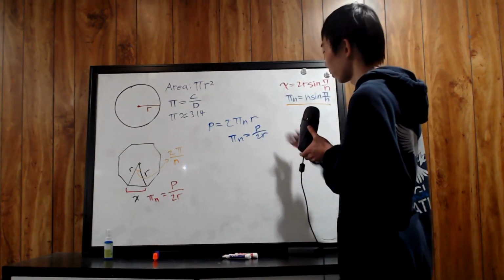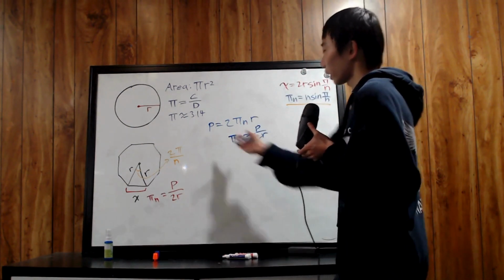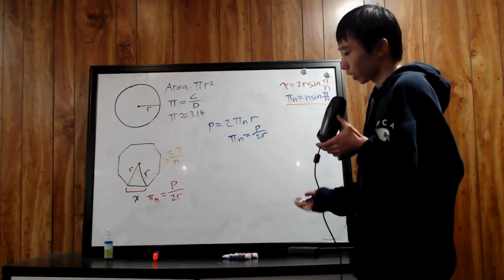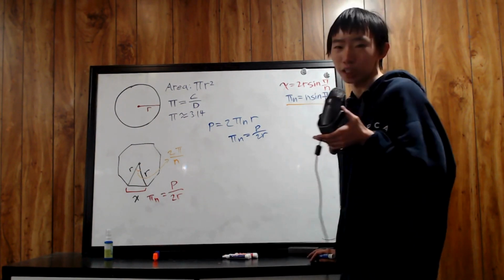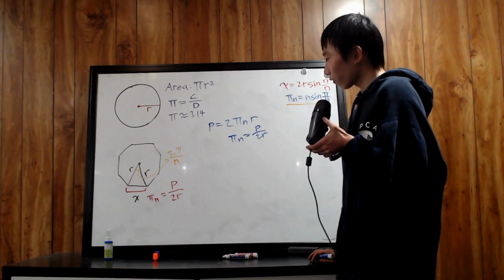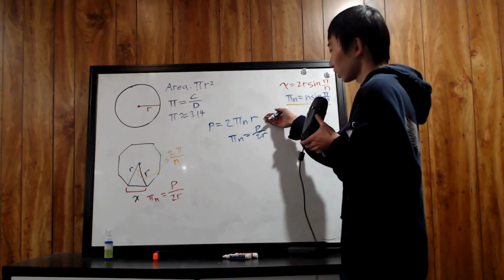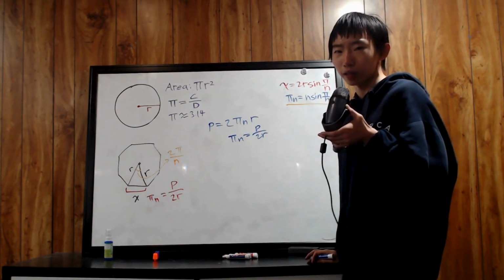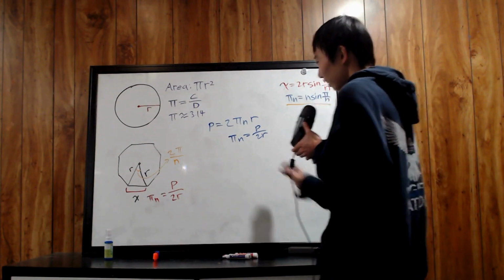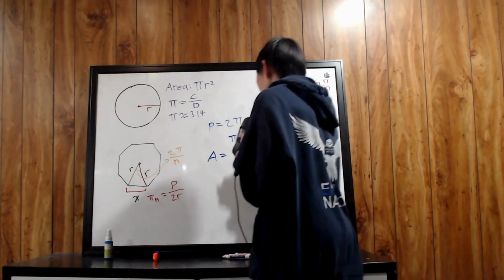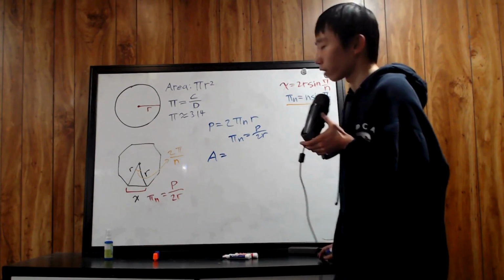So if you were to just substitute this into here, you would just get the perimeter. That's kind of because of the definition. However, and by the way, before I go on, notice that this is very similar to the circumference of a circle. So, however, how can we get the formula for the area of any regular polygon?